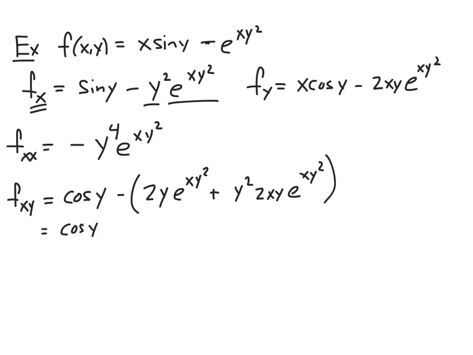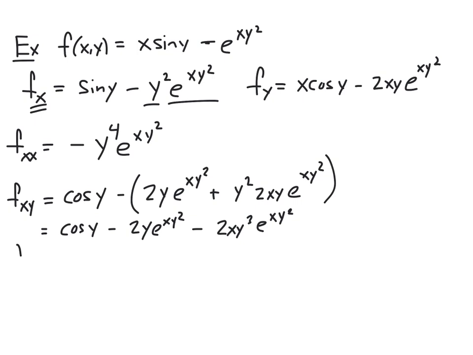This is going to be cosine y minus 2y e to the xy squared minus 2xy cubed e to the xy squared. That one's a little bit more complicated, but it's really just Calc 1 derivatives with this understanding of how to compute a partial.